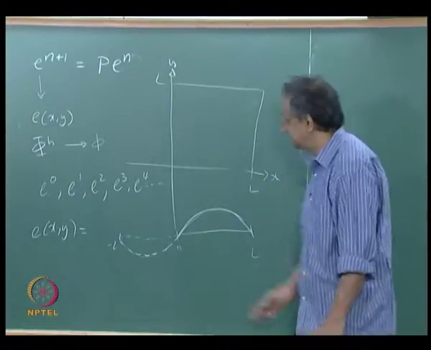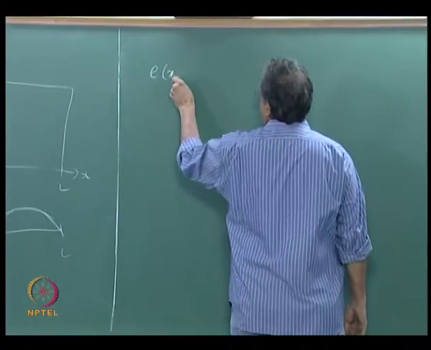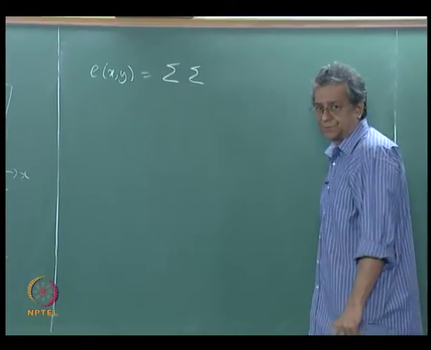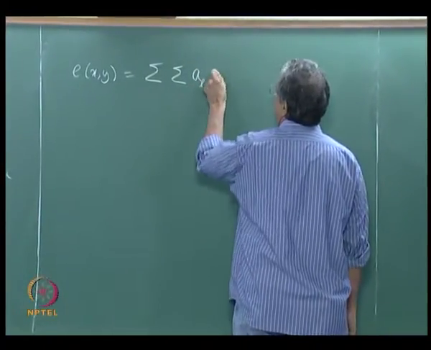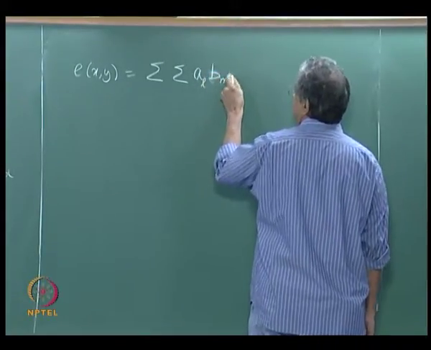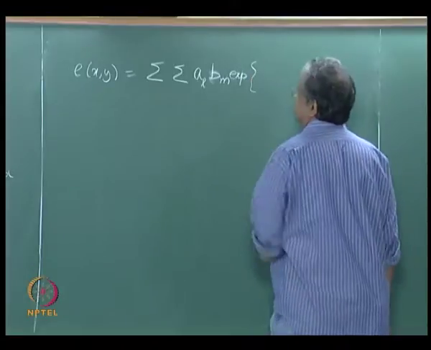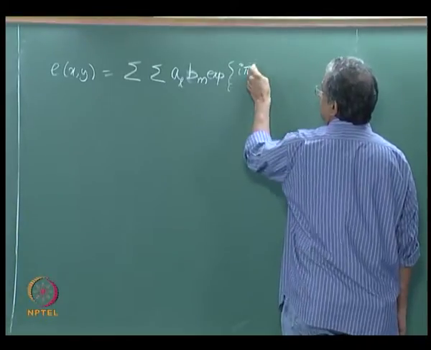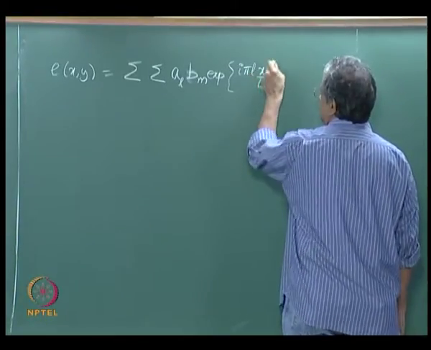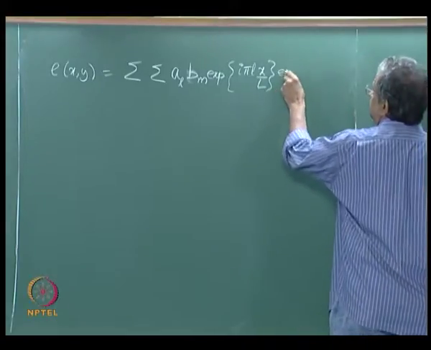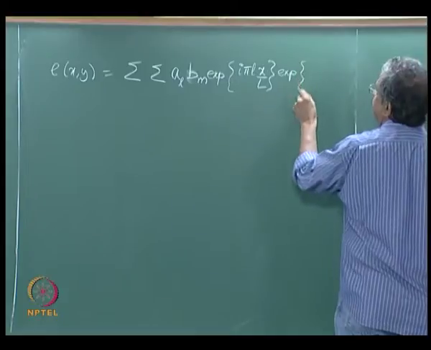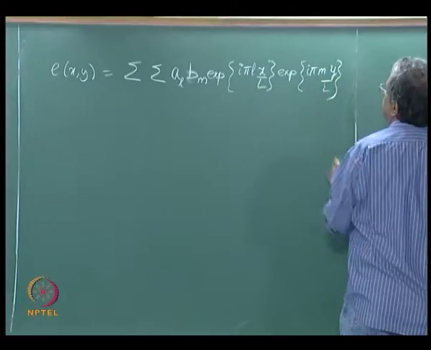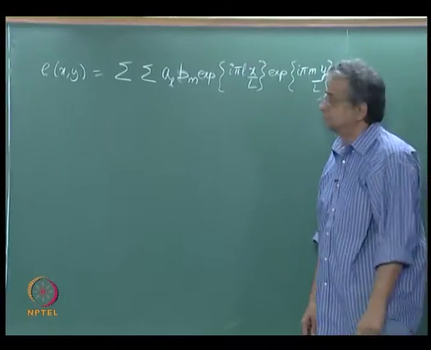Okay. As a consequence, I can write E of x comma y as a double summation because it is in 2 dimensions, A_l B_m exponent i pi l x by capital L and exponent i pi m y by capital L. Is that fine, everyone?